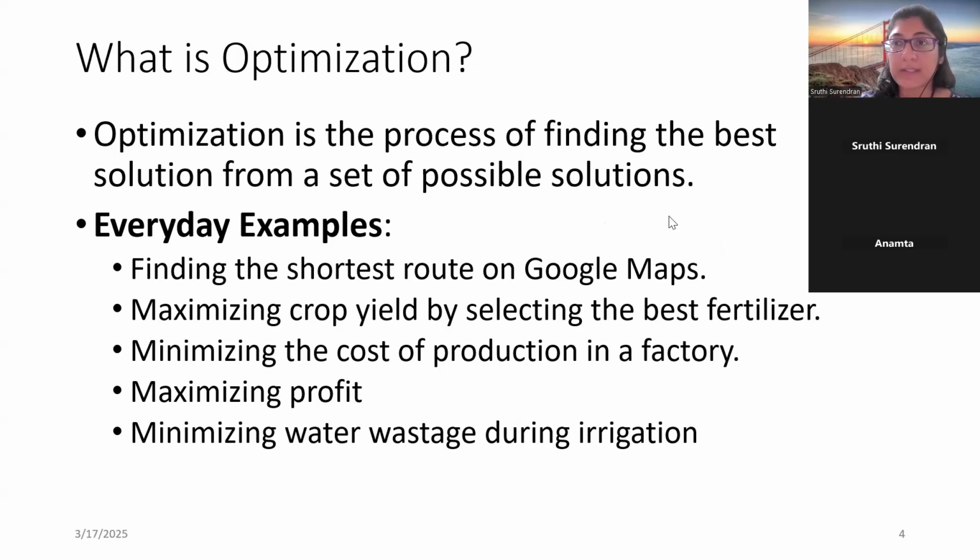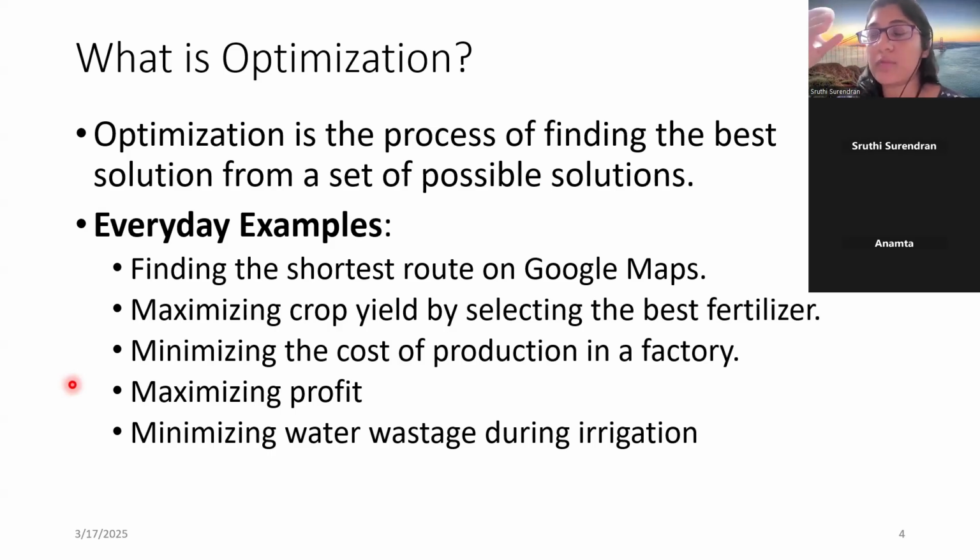Now, if we follow real life examples, when you choose a location in Google Maps, Google Maps provides you at times two or three routes. One route will be the shortest route, which is obtained through the method of optimization. There will be another route where the criterion might be that it is not very congested.